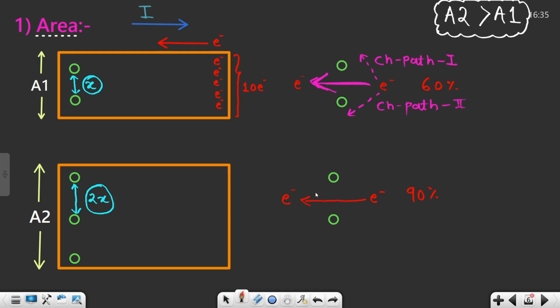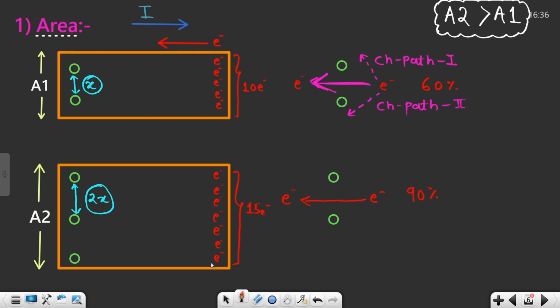On top of that, the number of incoming electrons is quite high. Let's say there are 15 electrons. In the above case, there were just 10 electrons coming at this particular point, but now there are, let's say, 15 electrons getting accommodated.